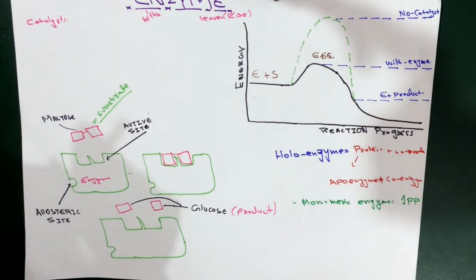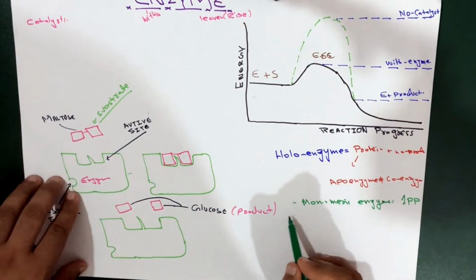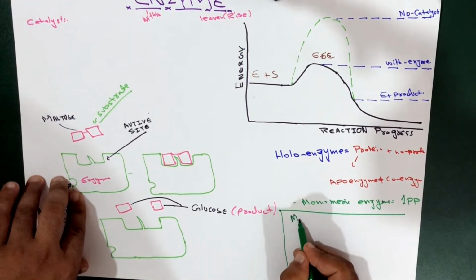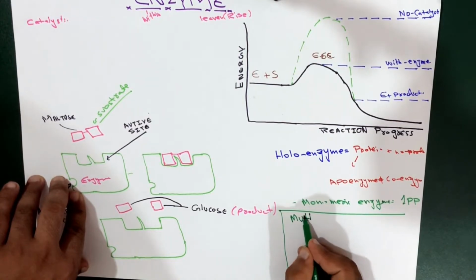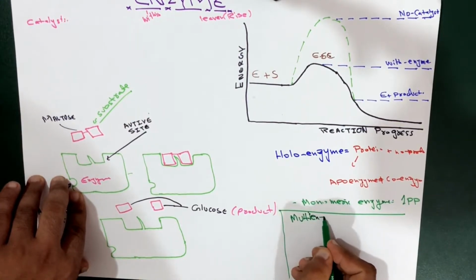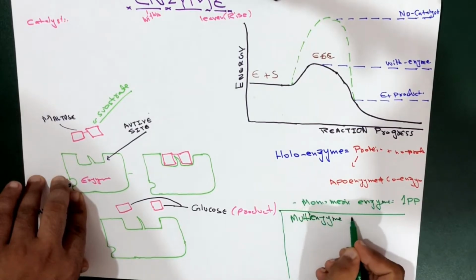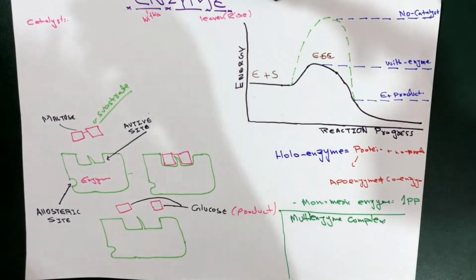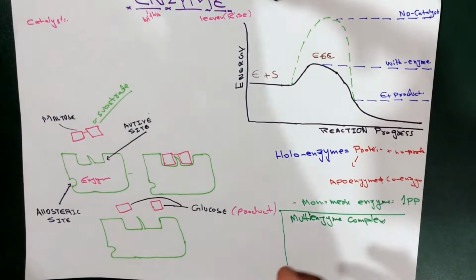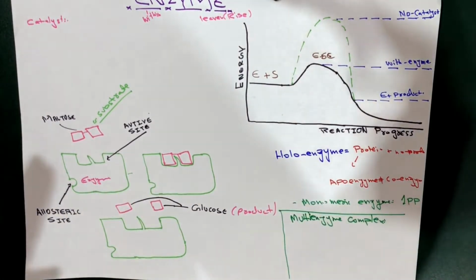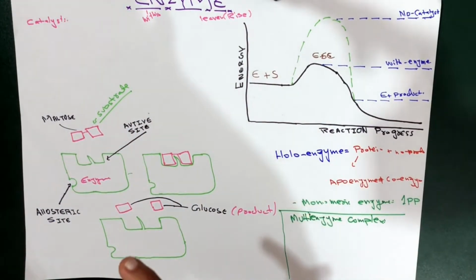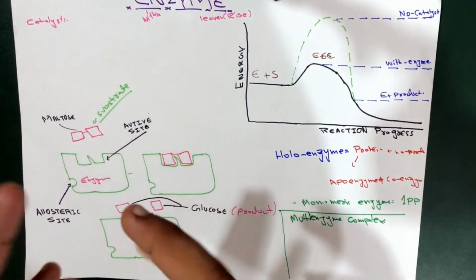And there's one more thing to add, called the multi-enzyme complex. So what is a multi-enzyme complex? Sometimes, for a substrate, not only one enzyme acts on it. A few enzymes join and combine together and make a complex of enzymes.